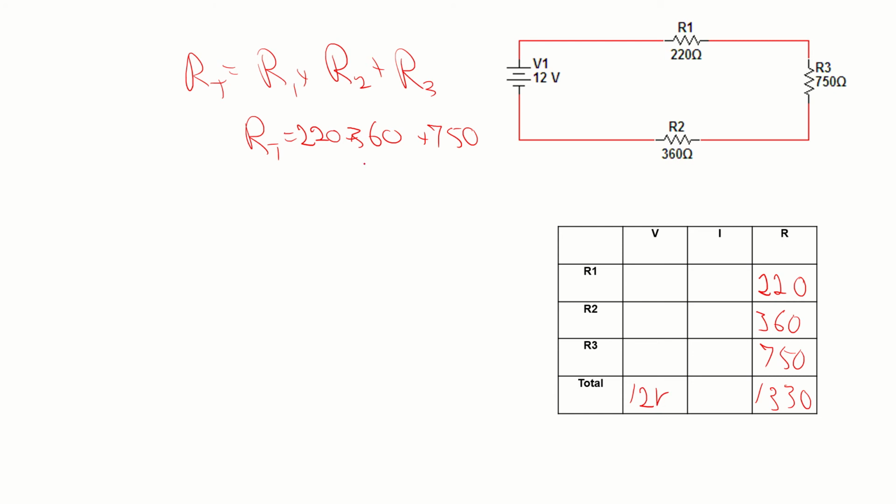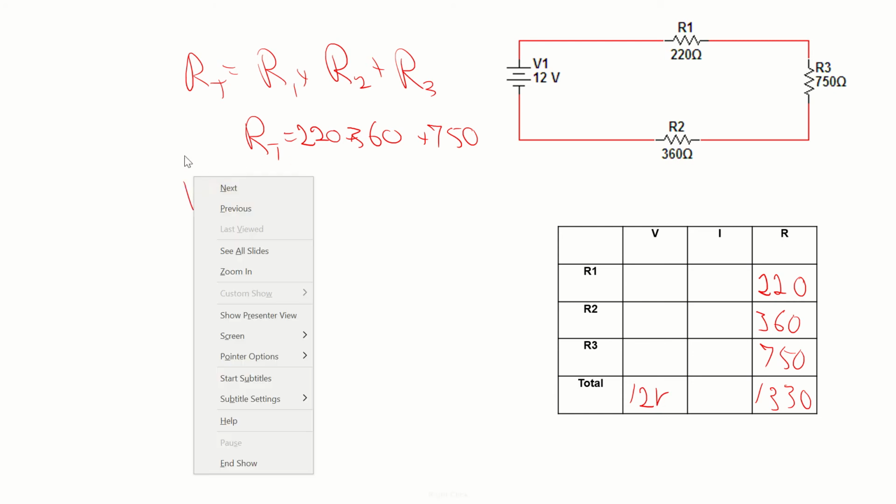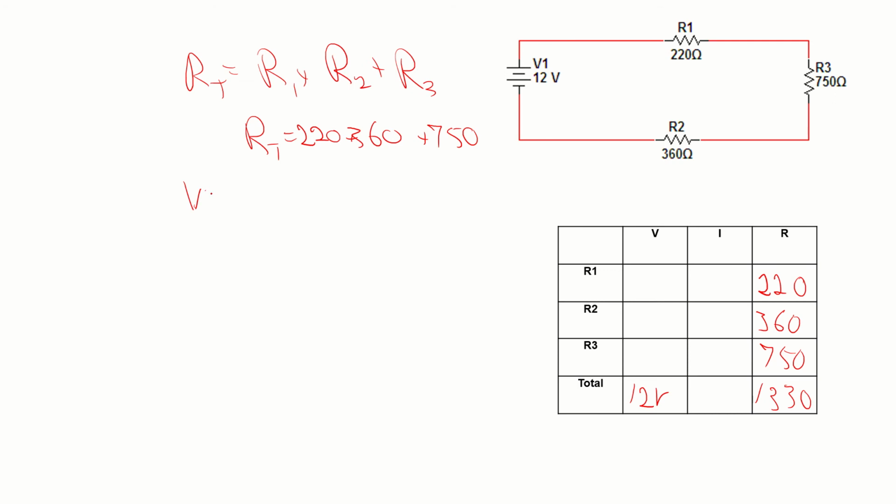All right. Now, we know our total voltage is 12 volts. So from that, we can find, using V equals IR, my total current.